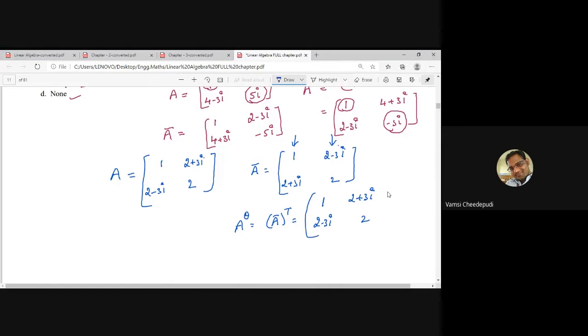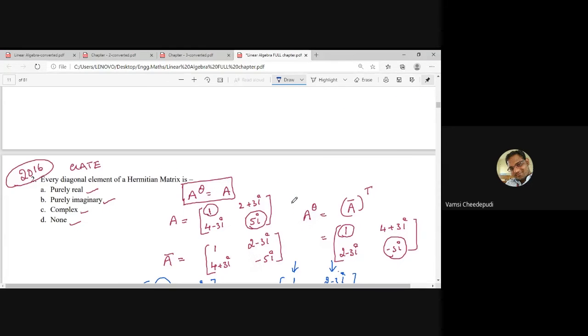Yes, fine. Now A power theta is equal to my A again. This happened because of taking purely real numbers in my principal diagonal. So option A, yes, option A will be correct, my dear students.